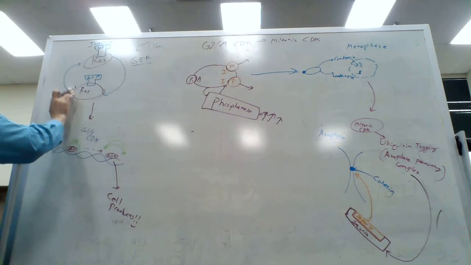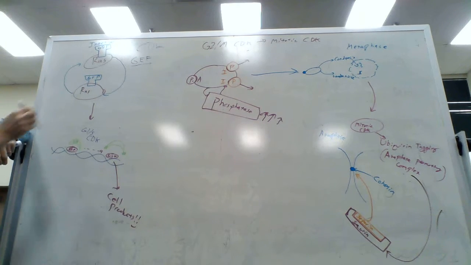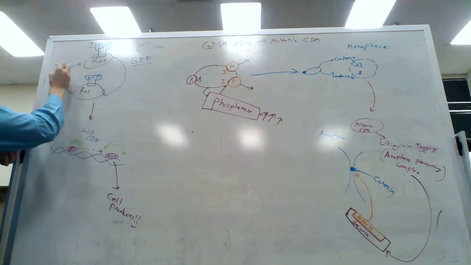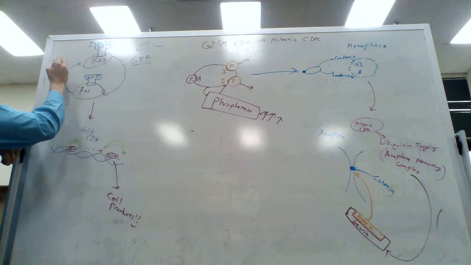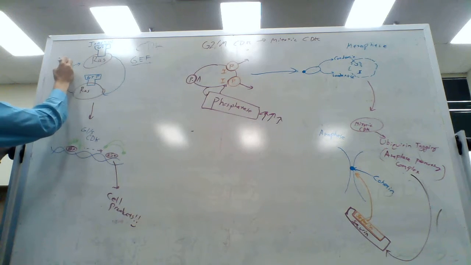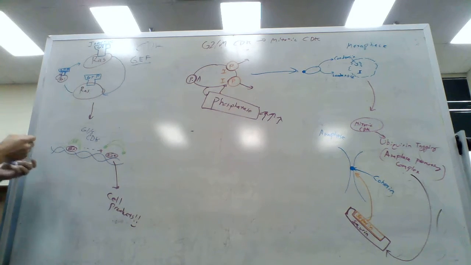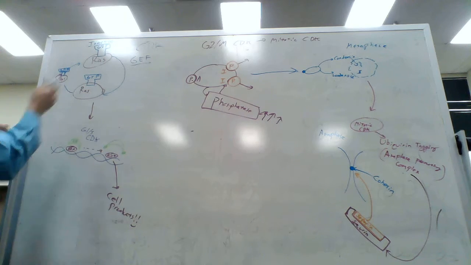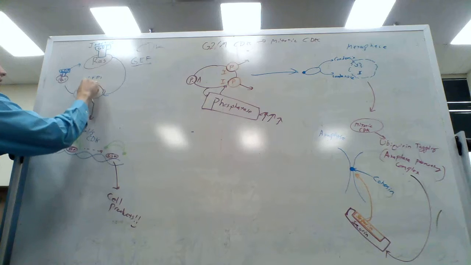It's going to cut off the phosphate. It's going to go ahead and auto-dephosphorylate the GTP, and so the Ras protein is going to act on itself to turn itself off and make this into a GDP. And I'm going to go ahead and make the GTP a little bit clearer that it's different.